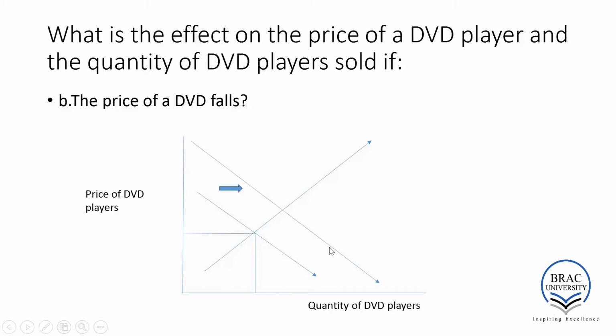So here is our new demand curve, and we get our new equilibrium point at the intersection of the new demand curve and the supply curve. If we draw a line from the equilibrium point to the price axis, we get our new equilibrium price. If we compare this new equilibrium price with the initial equilibrium price, we see that there has been an increase in the equilibrium price of DVD players.